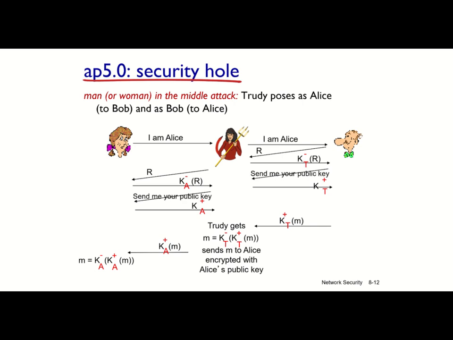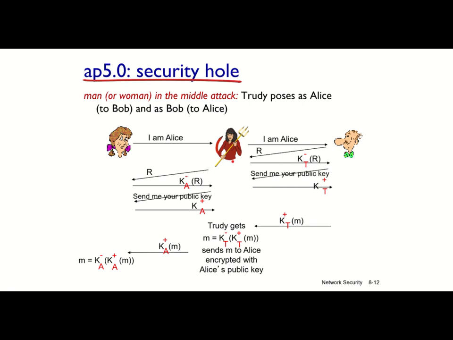Therefore, Bob responds to this message by sending the value R to the intruder, because Bob had no idea who sent the "I am Alice" message to him, and he thinks that the sender is Alice, so he replies to the same IP address with the number R.